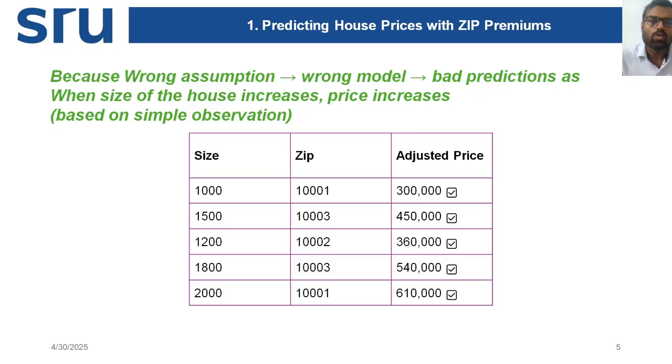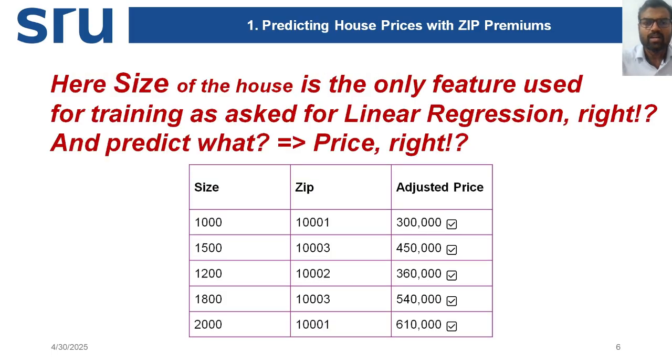Yeah. So next, we observe whenever the house size increases, automatically price increases. That is a simple observation. And here, size of the house is not the only feature. I just want to say, like I just said, linear regression.